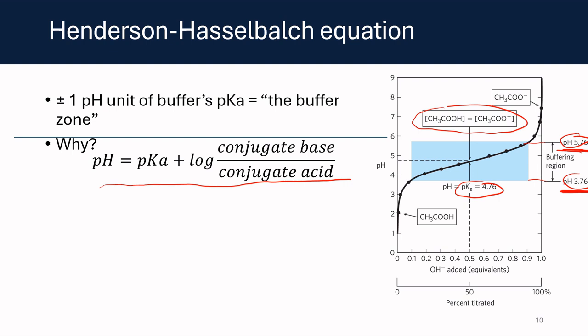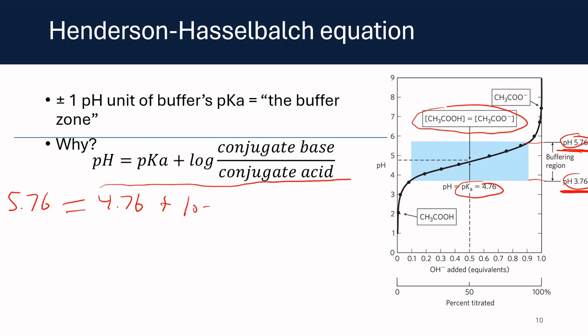So let's start with 5.76, the upper region of our buffering window. The pH, I'm telling you, is 5.76, so we'll plug that in. The pKa for acetic acid is still 4.76. See, off by 1.